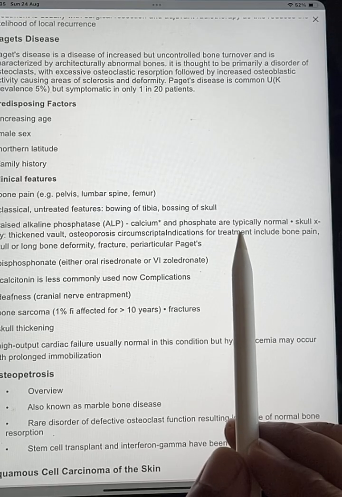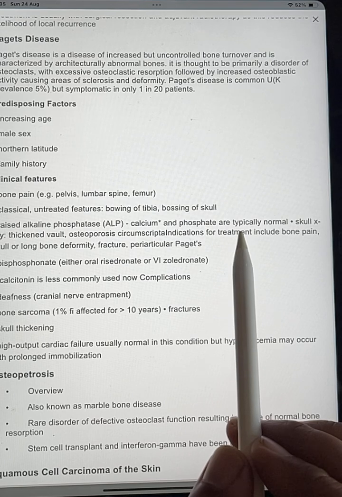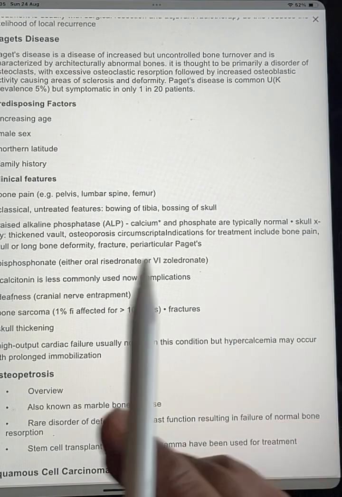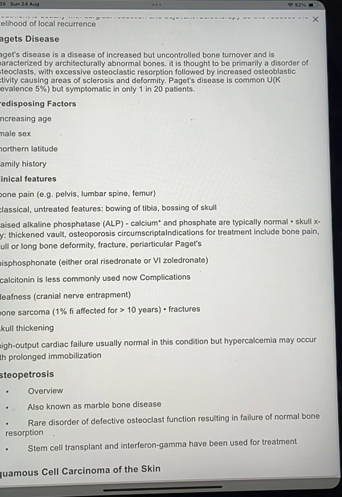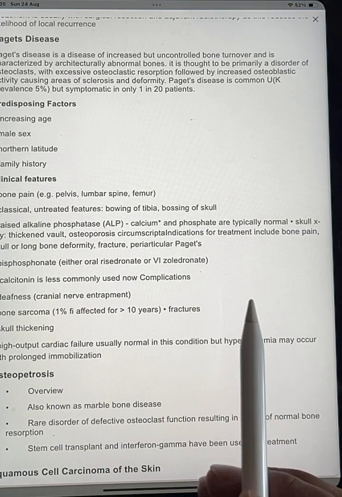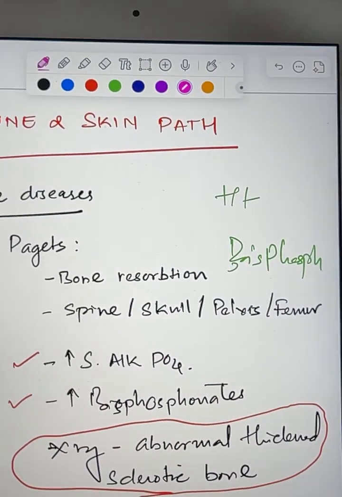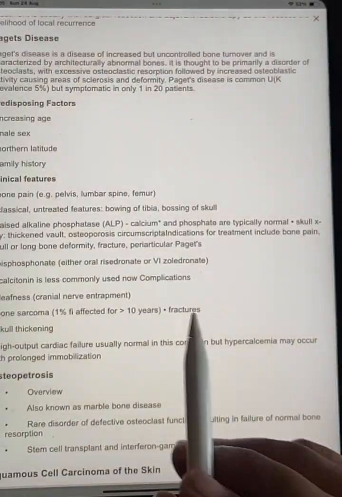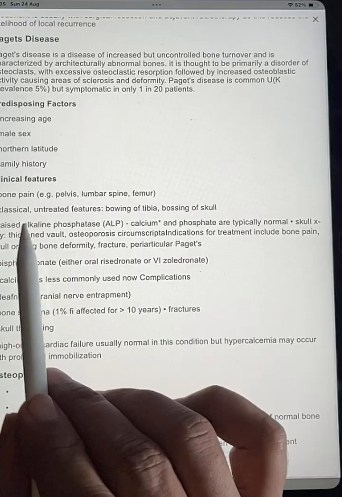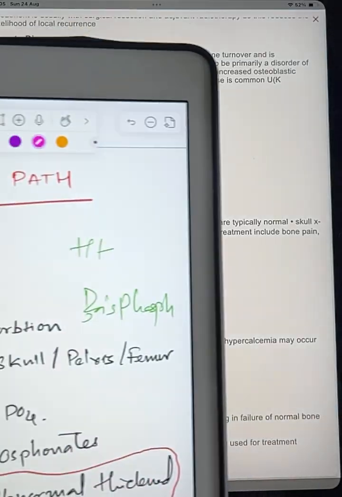Paget's disease affects bone and soft tissue. Clinical: bone pain, classical bowing, bossing of the skull.